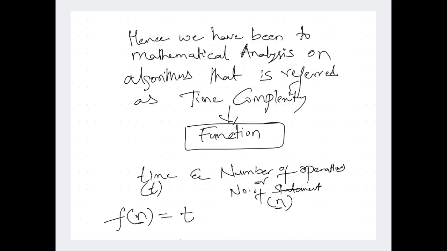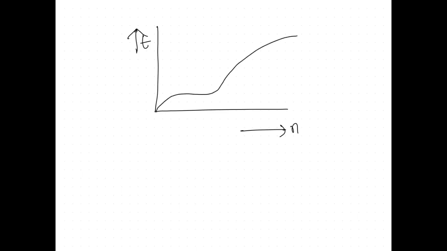For this function, I'll draw a graph. The y-axis represents time and the x-axis represents the number of operations or statements. Now my function f of n is like this. Assume this is f of n.